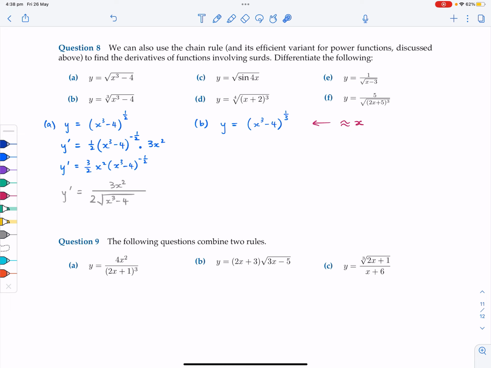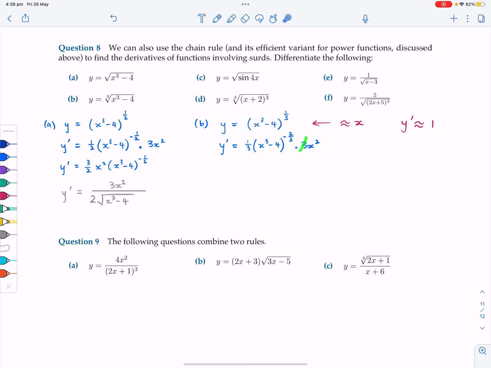So y dash is 1/3 of x cubed minus 4. Now we need to drop that power by 1. So that gives us negative 2/3, and then I need to multiply by the derivative of the inside, which is 3x squared. I did that here, I'll do that here. The 3 and the 1/3 cancel.